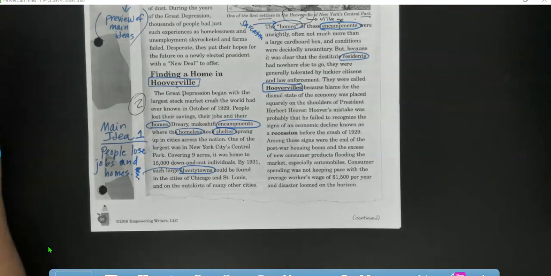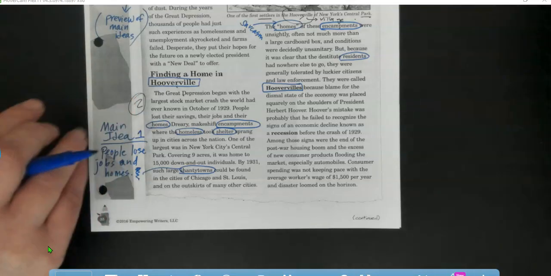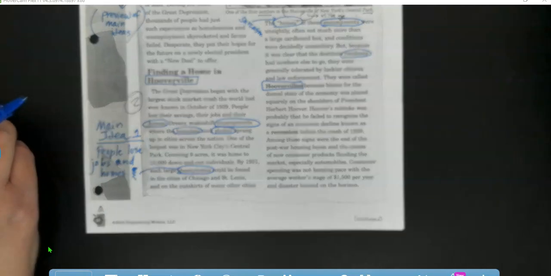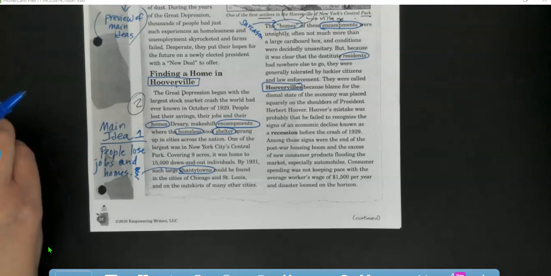I could have chosen a different 5 words or fewer. I could have said "homelessness affects millions in depression," right? I could have said "Great Depression brings homelessness." Any of those would work. So when I'm asking you to come up with the main idea, I'm not asking for a specific 4 or 5 words.